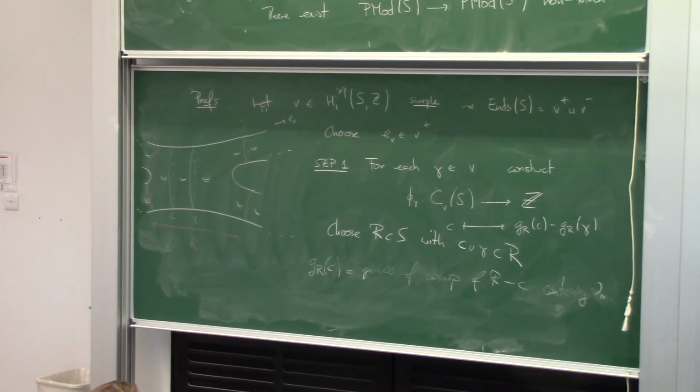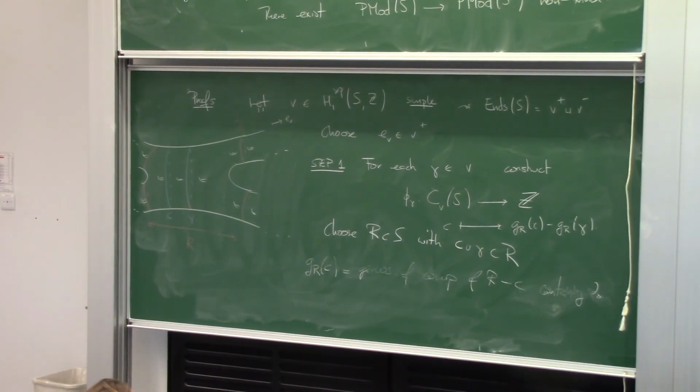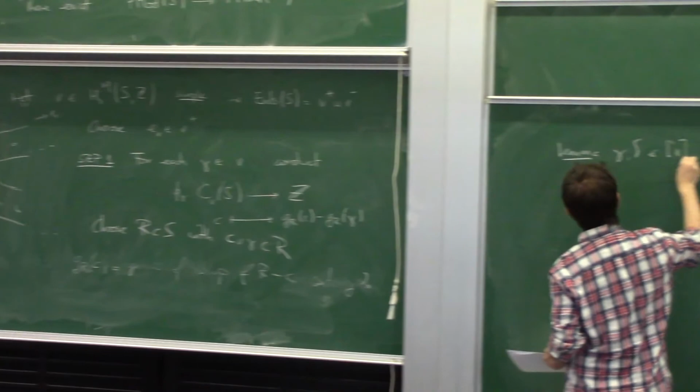And so does this depend upon R as well? No, but it does depend on gamma. And understanding exactly how it depends on gamma is the key. So, lemma, suppose gamma and delta represent nu.